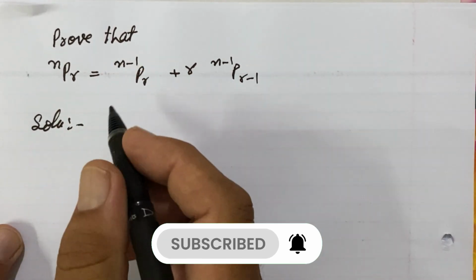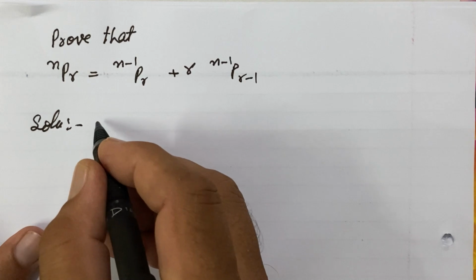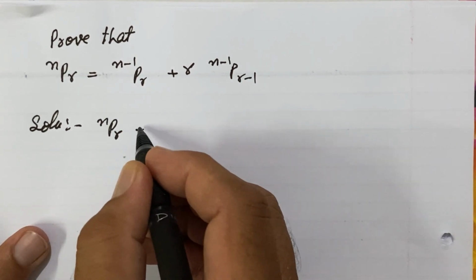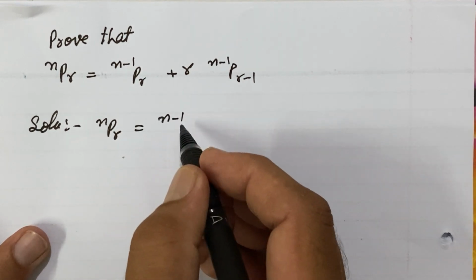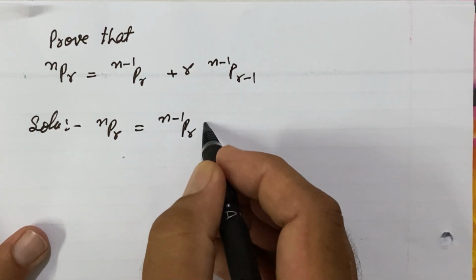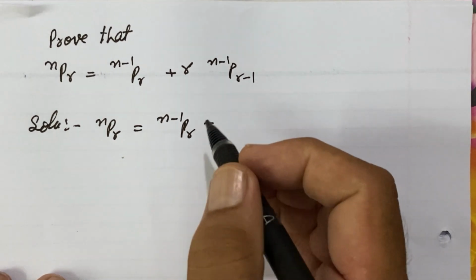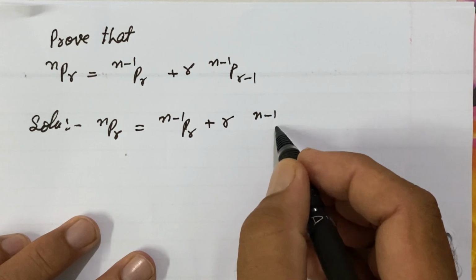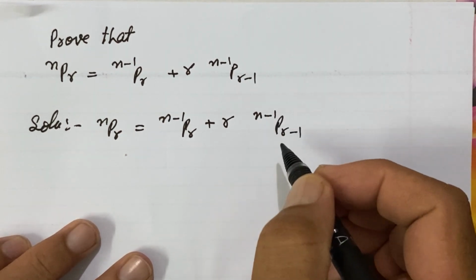nPr is equal to (n minus 1)Pr plus r times (n minus 1)P(r minus 1).